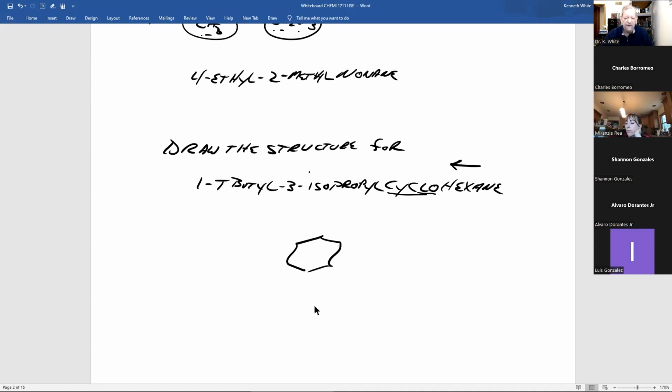On carbon 3 is an isopropyl, carbon 1 is a T-butyl. This is 1, 2, 3, isopropyl. You could have also counted counterclockwise, which other than someone like me, you wouldn't. So there's where you have it.